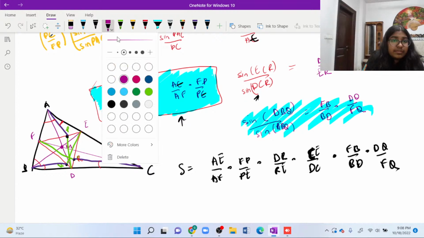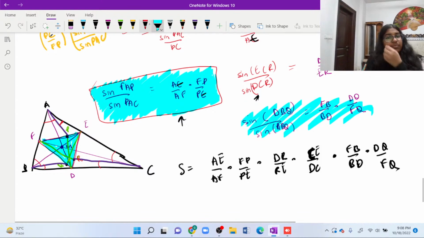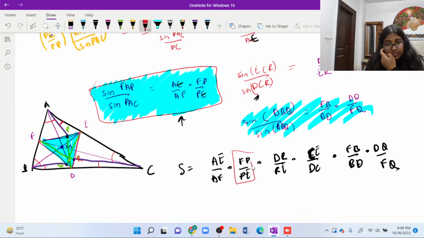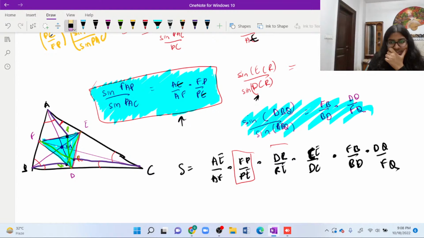And you know that by Ceva in DEF, this triangle, FP by PE times ER by RD, okay, I think I messed up this fraction. I'm so sorry.